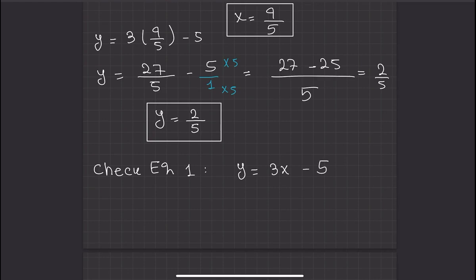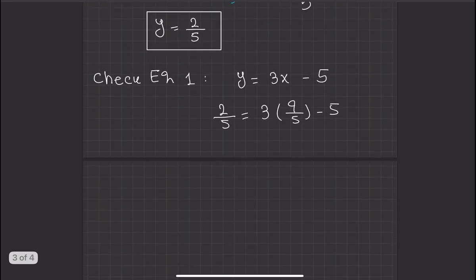In this case, you're just going to put the values instead of the letters. So for y, we have 2 over 5. Just plug it in. Equals 3. Instead of x, I have 9 over 5. Just plug it in. Minus 5.